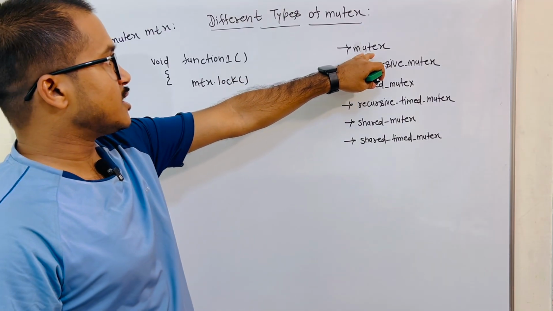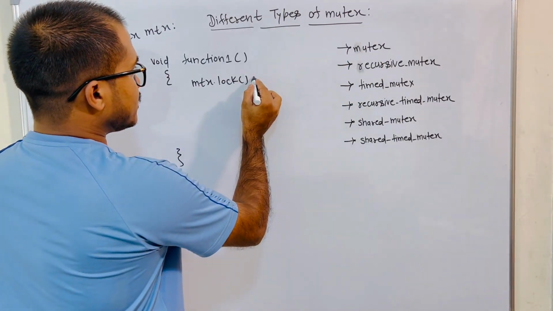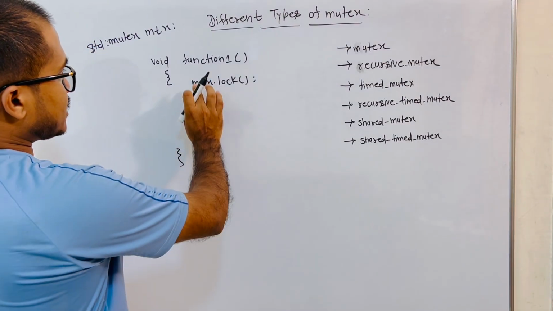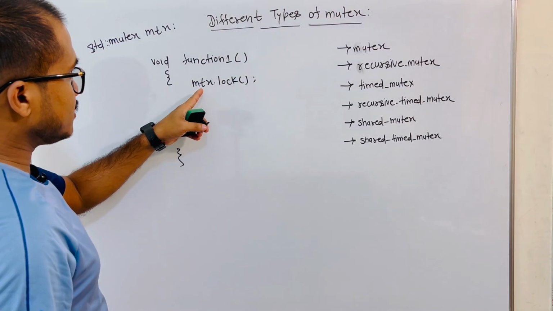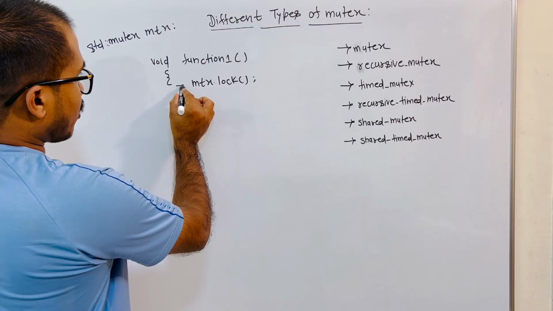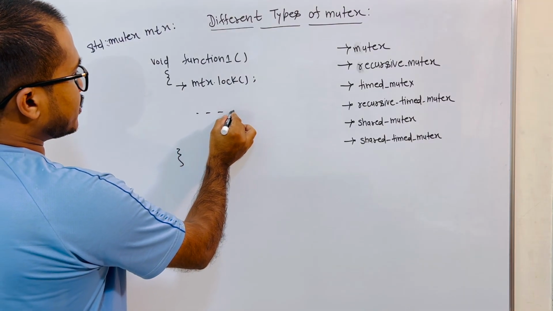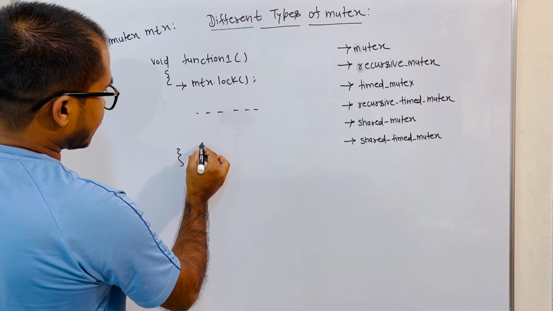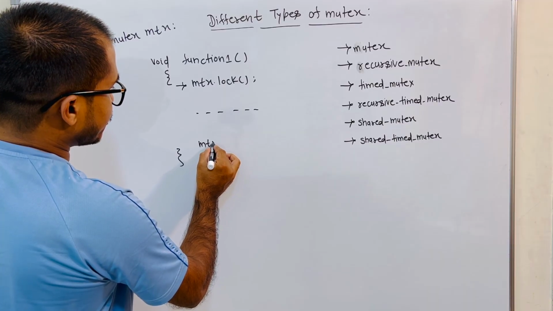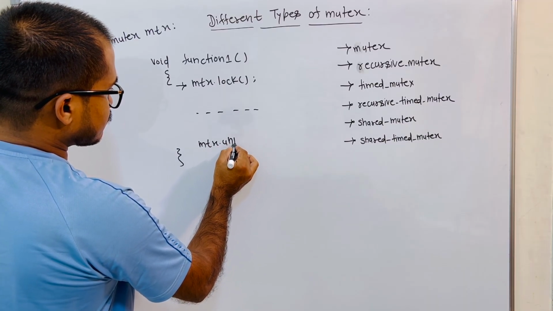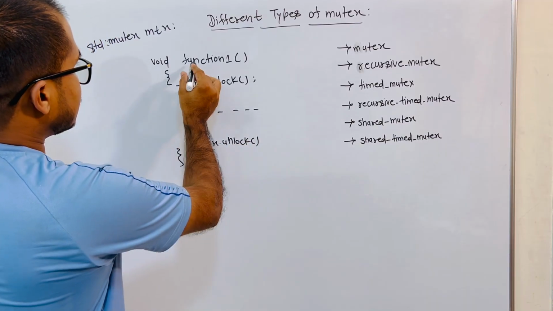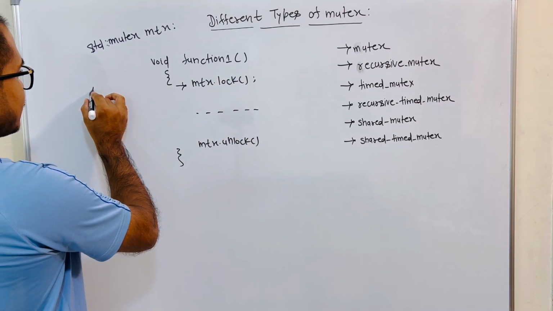This is the simplest type of mutex. Whichever thread is executing this function will lock this mutex, and after completion of the task this thread will release the mutex. Let's say this task was executed by thread T1.